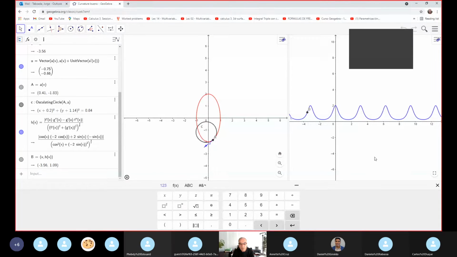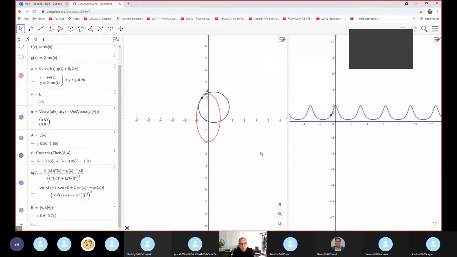And I have the GeoGebra. Okay. I showed you last time, but I want to repeat again. Okay, we solved that problem in detail now using the Frenet-Serret formulas. Okay, in this case we have ellipse.